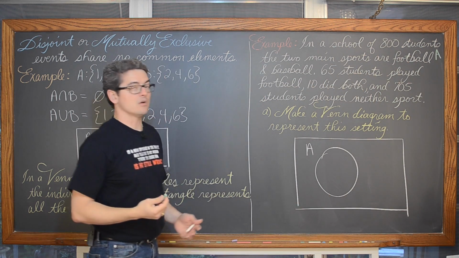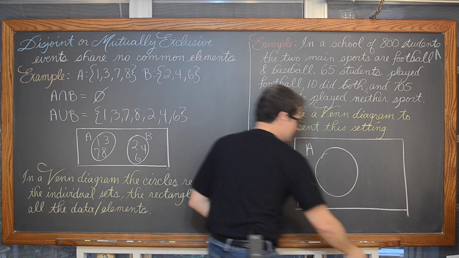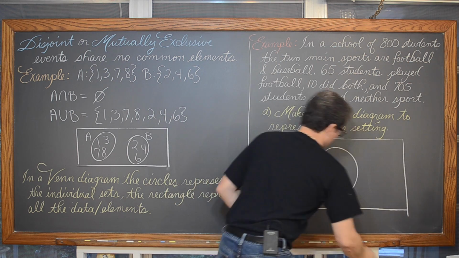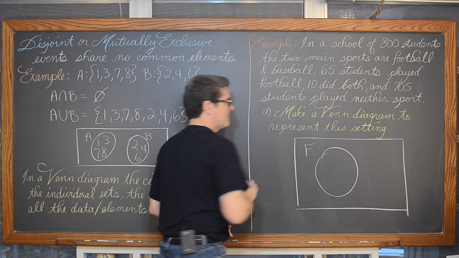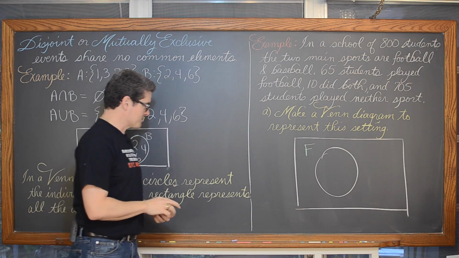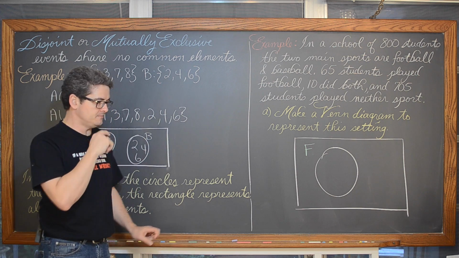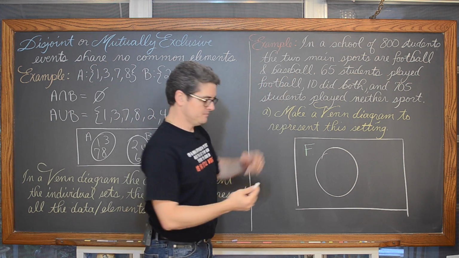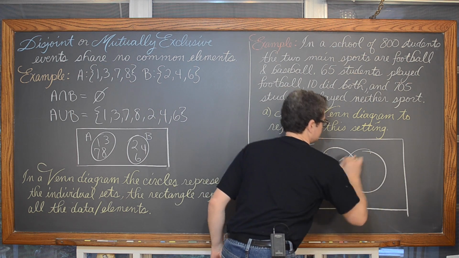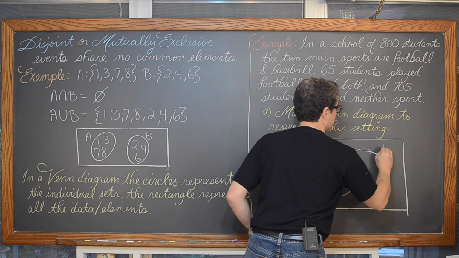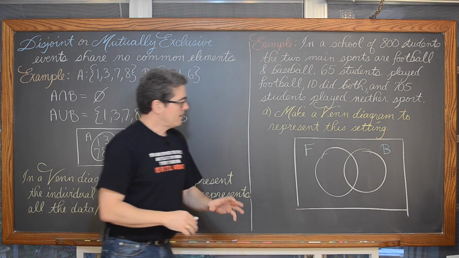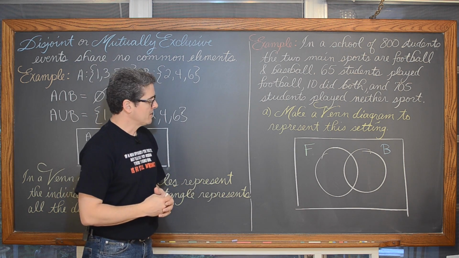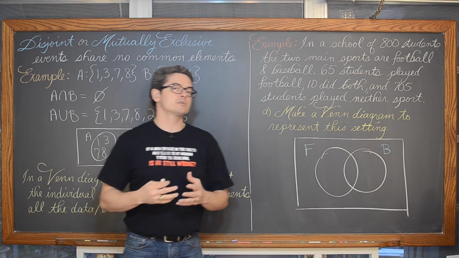I guess I should just call that F. This circle is F. Now we're going to introduce another circle that is going to represent those students that play baseball. Let's call that B for baseball. And that overlap, which I probably have to redraw to make it a little bigger so it's legible, is going to represent students that are playing both sports.